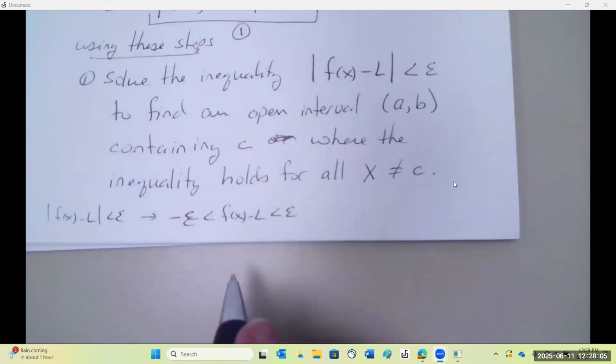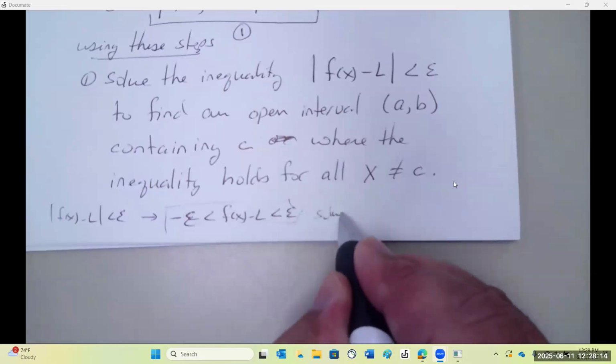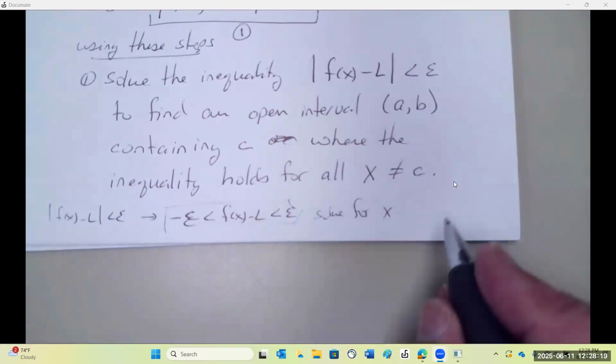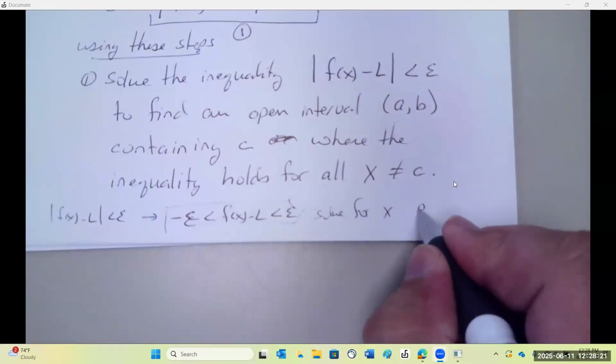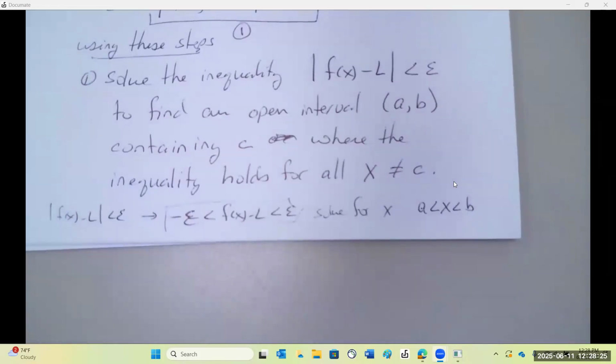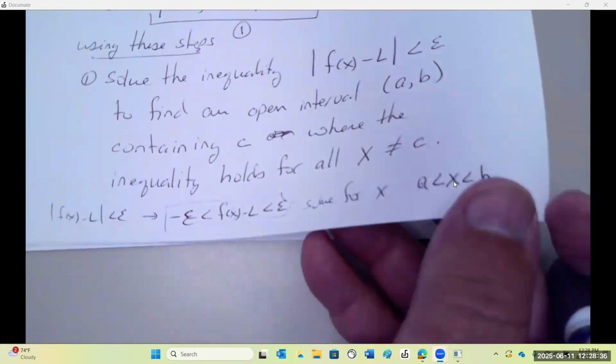But we're trying to solve because remember, f of x is a function. It has an x value in there. So now we take this and solve for x. And that's going to give us our interval. So that's step one. Again, all algebra. What's step two?